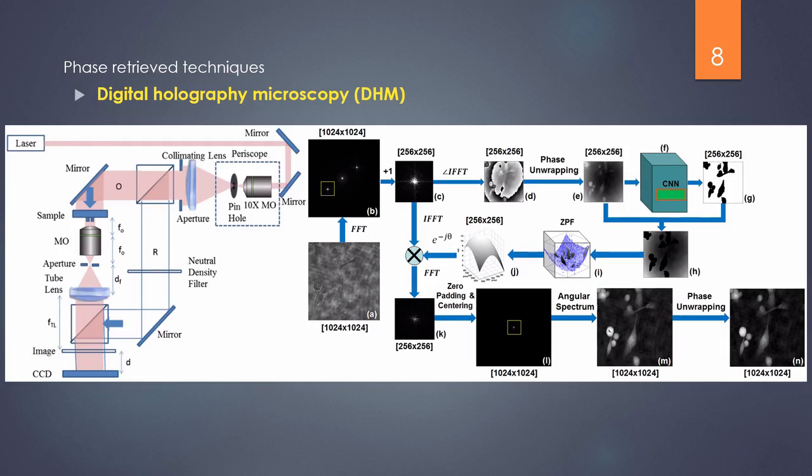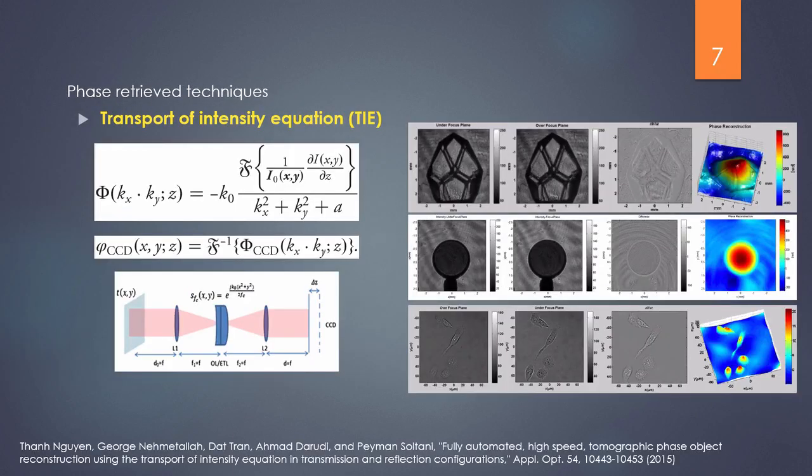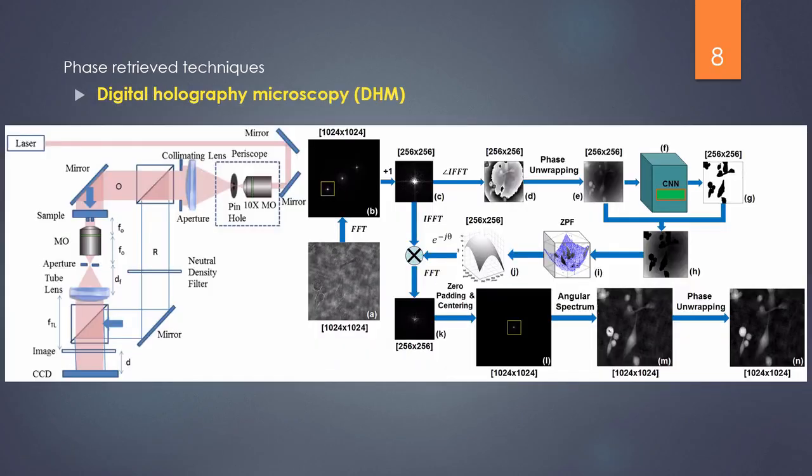This technique takes advantage of interference on the CCD, and uses the Fourier transform to isolate the virtual image. From that, I can calculate the phase aberrations. Here, I use a CNN to do the segmentation and compensate the phase of the background, and then finally I unwrap it into the final phase.